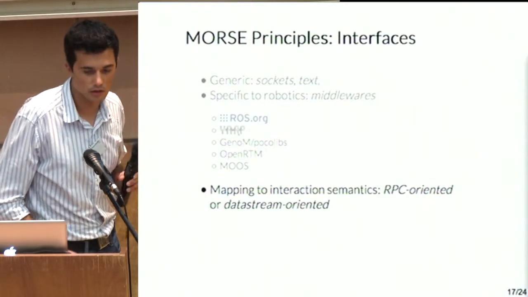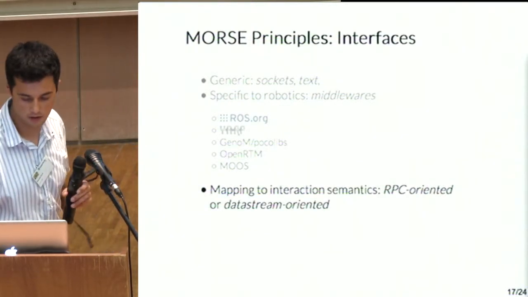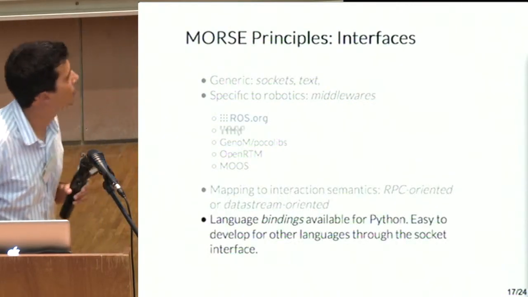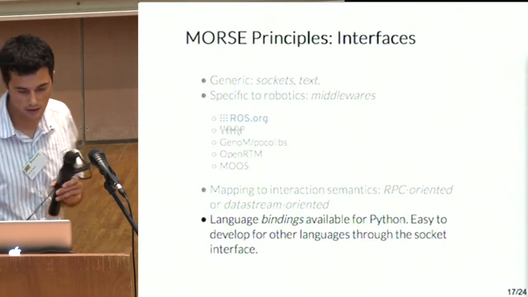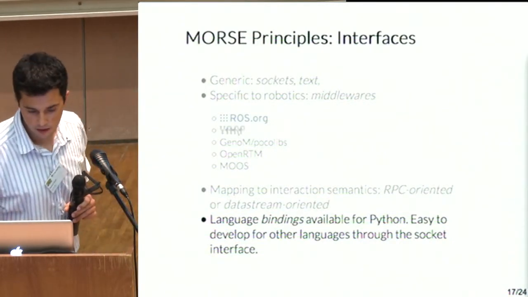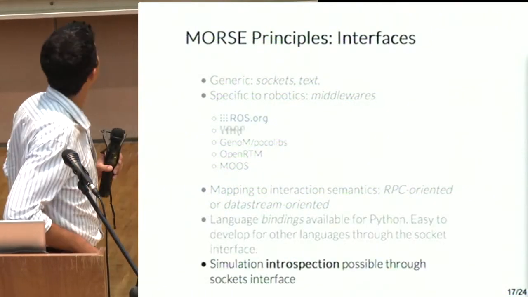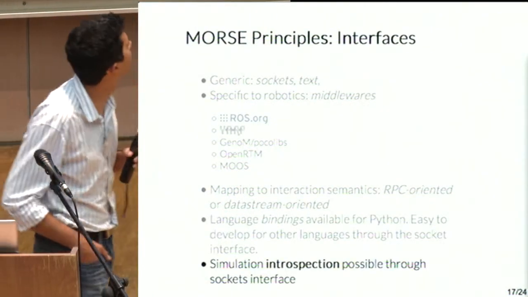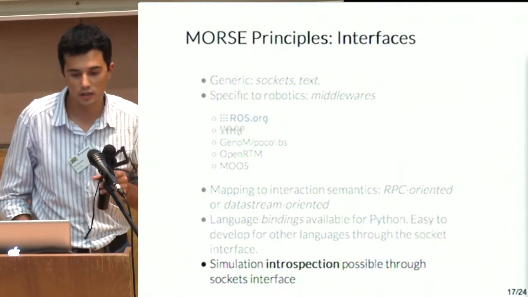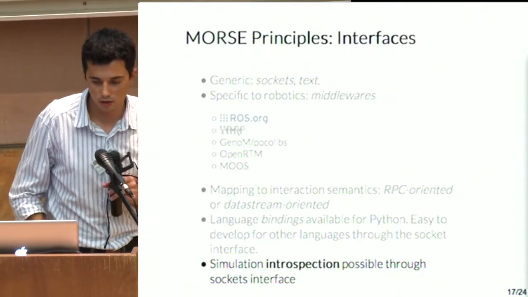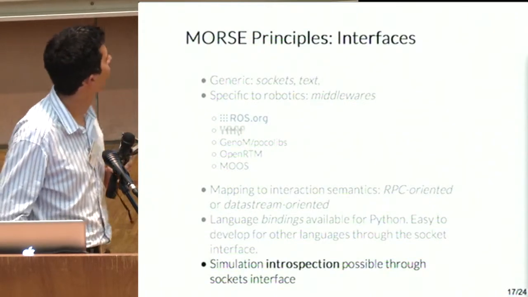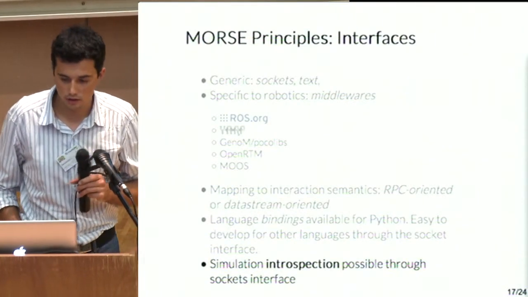So for the mapping, we use data stream oriented or RPC oriented, as I said before. And all the language bindings are made in Python and can be easily extended to other languages via Python bindings. And so we can do what we call simulation introspection through the socket interface. We have a simulation service running in parallel to the simulation that allows us to get data from each and every component in the simulation and control each and every component.